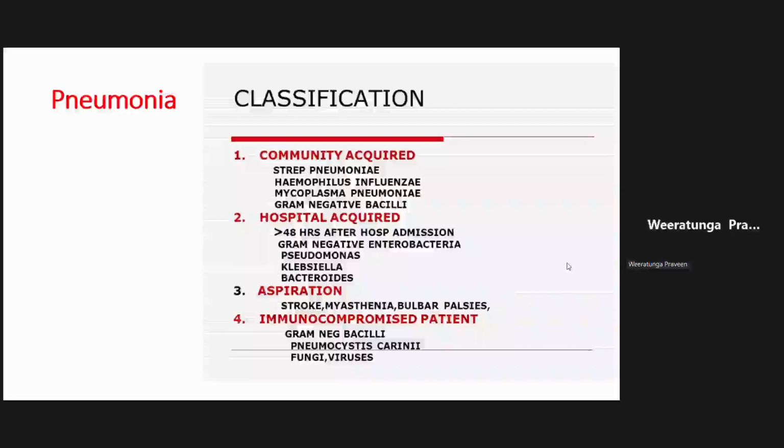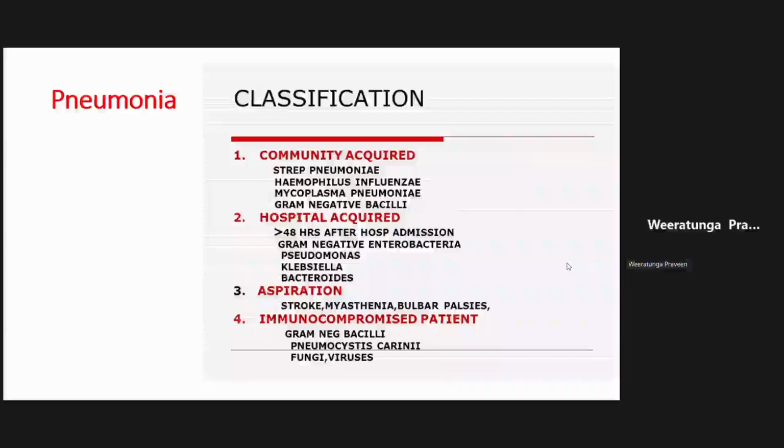And as you can see, this clinical classification gives us the opportunity to guess the organism also. I have listed here the common organisms in each clinical type. The good example is community-acquired pneumonia. It's mostly due to Strep pneumoniae. But if you take hospital-acquired pneumonia, you see more gram-negative organisms like enterobacteria, Pseudomonas, and sometimes Staph aureus also.